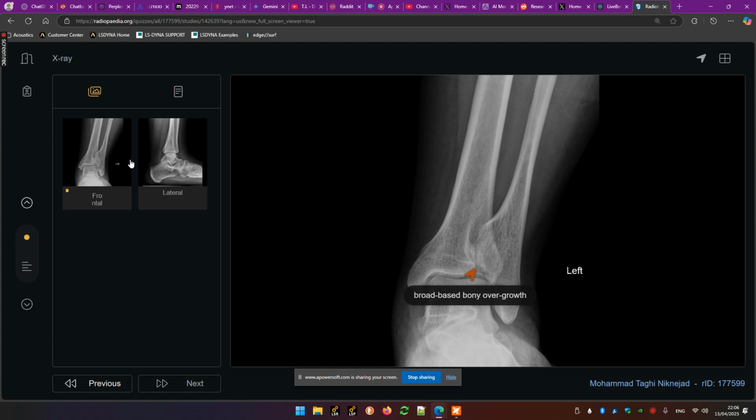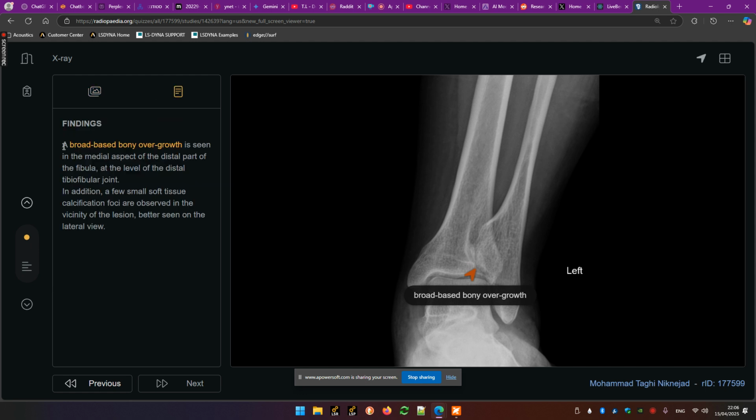Oh, whoa, this is a hard one. A broad-based bony overgrowth is seen in the medial aspect of the distal part of the fibula at the level of the distal tibiofibular joint. In addition, a few small soft tissue calcifications are observed in the vicinity of the lesion, better seen on the lateral view.